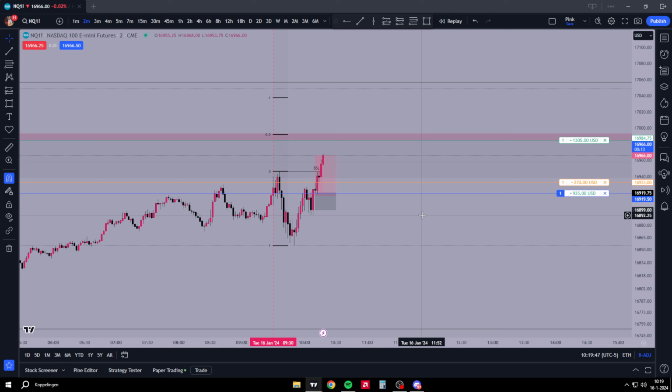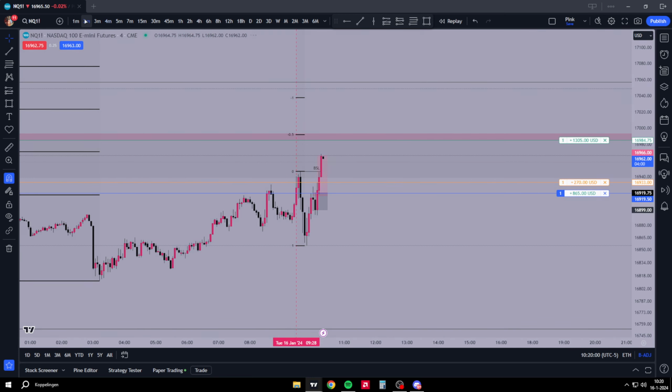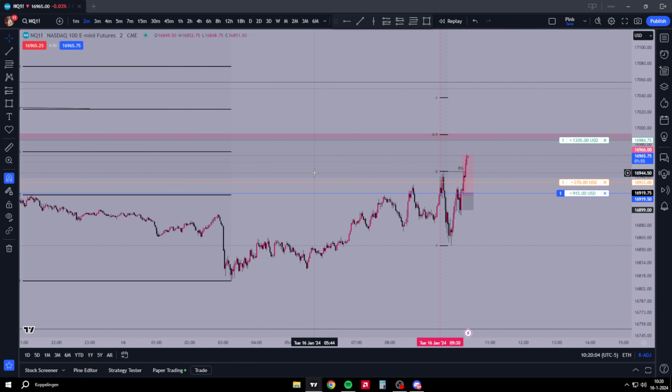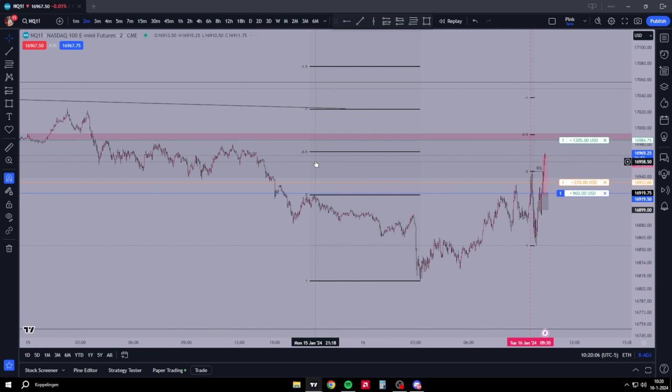Let's see if we go further than mean threshold. We should though. Should we actually? Order block is there. That is an order block. Yeah, we should.